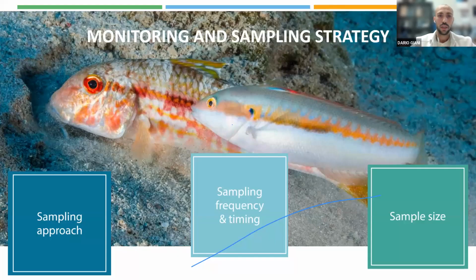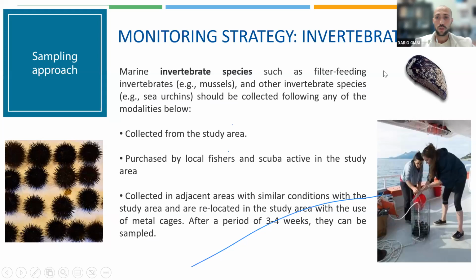The first point for the monitoring and sampling strategy is the sampling approach, the sampling frequency and timing, and the sampling size of the animals. For the monitoring strategy for invertebrates, for the sampling approach we sample, for example, 2 species: filter feeder invertebrates such as mussels, and other invertebrate species such as sea urchins.